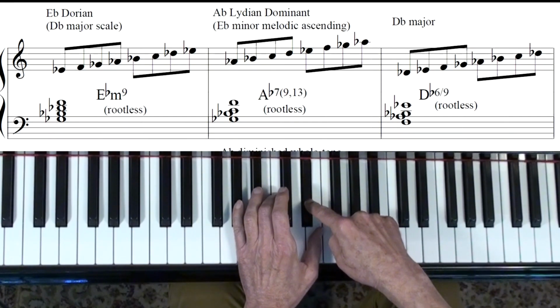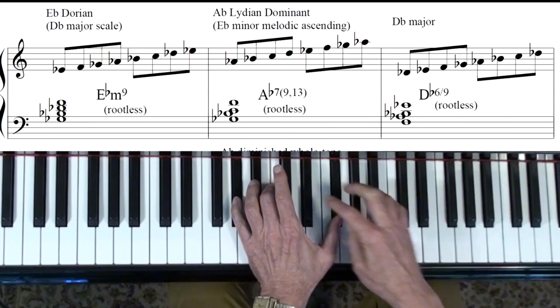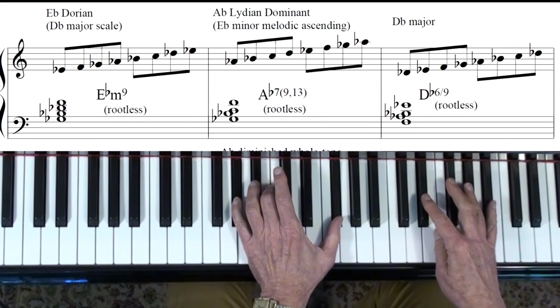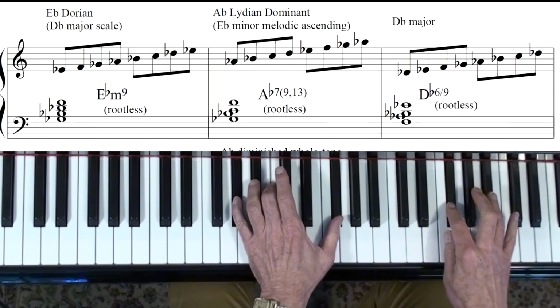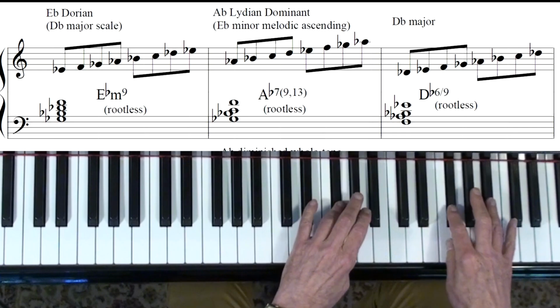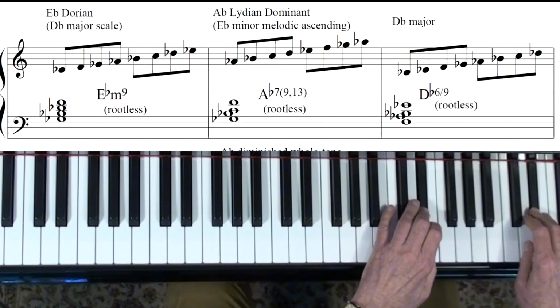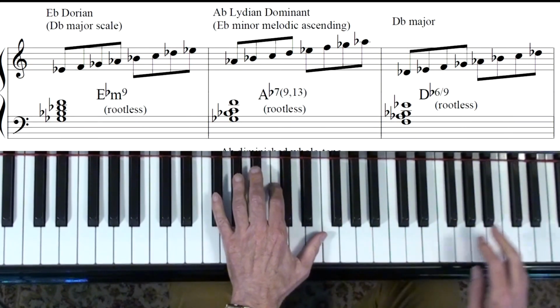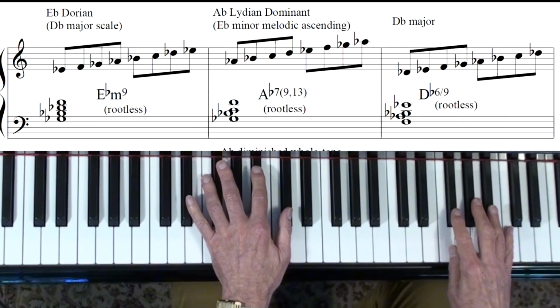You take the 5th of the chord and you just play the minor melodic ascending on that one. All right, E flat minor, and then kind of the major portion of it up there. So that scale would sound like this.